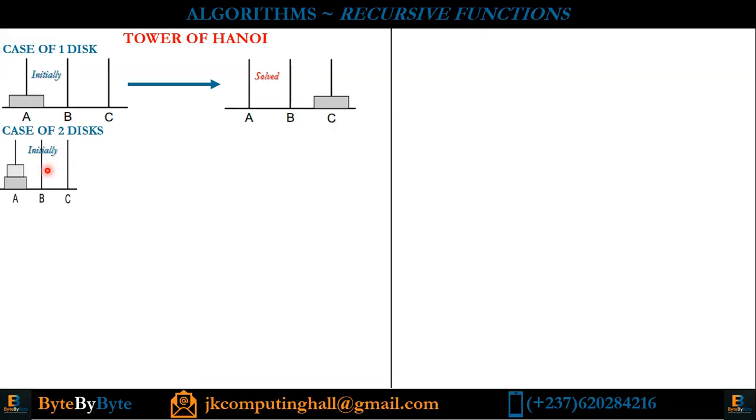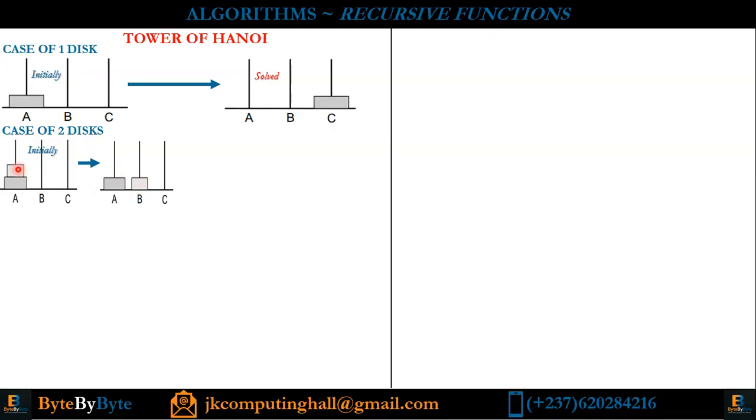For the case of two disks, this is what I have. So I need to move these two from A to C using B as intermediary. And the steps are that I can only move one at a time, and I cannot put a larger disk on a smaller disk. So the first step for this one, because we said that if n is above 1, the steps further will move the n minus 1 disk to B, as you can see.